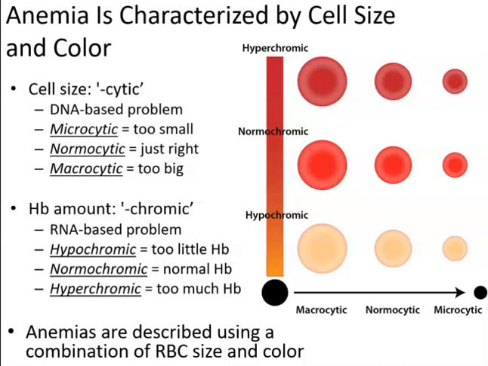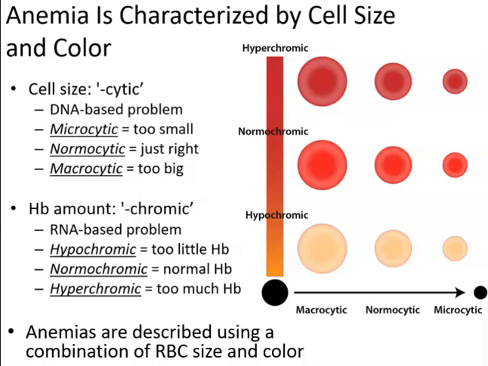If we have a deficiency due to hemoglobin amount, we characterize the cell by its color and use the suffix chromic. Usually hemoglobin amount is an RNA-based problem because we know that RNA is responsible for the production of protein, and hemoglobin is a protein.